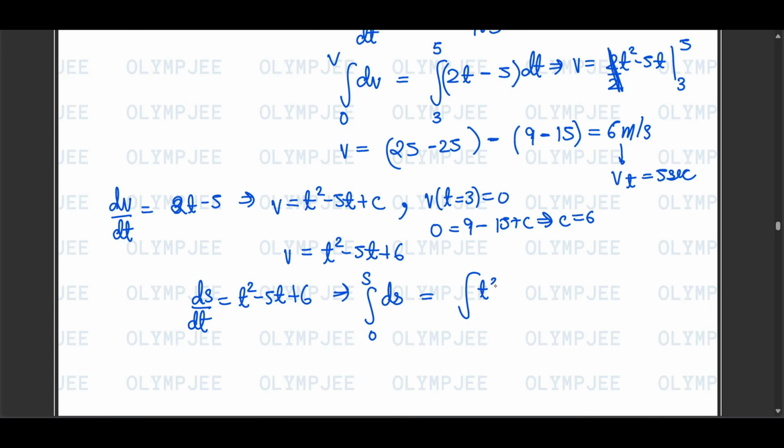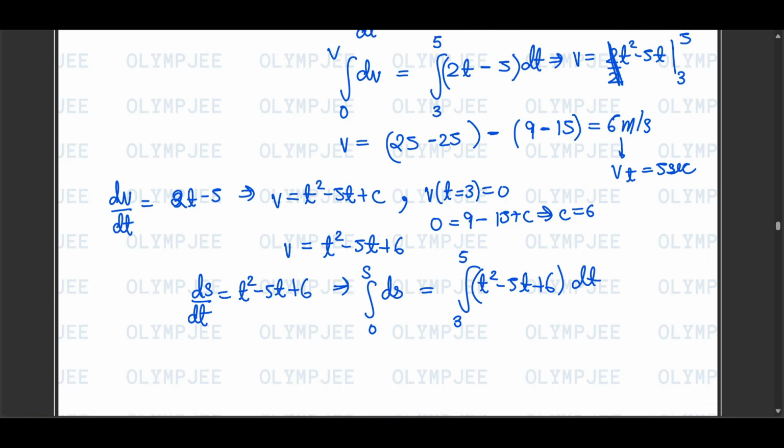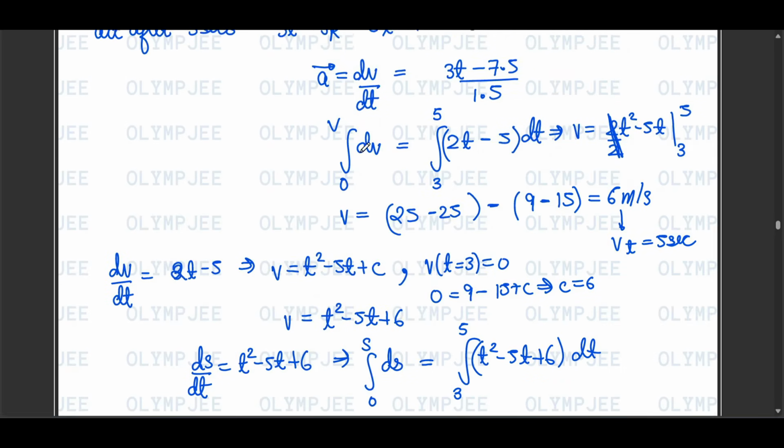So t square minus 5t plus 6 dt from 3 to 5. So we will get that s is equal to 14 by 3 meters or 4.67 meters. So hope this question is clear.